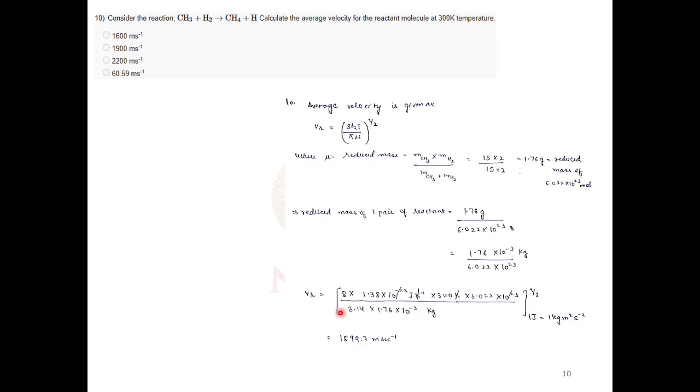So overall the velocity is coming to 1899.7 meter per second. So this is the average velocity, right?